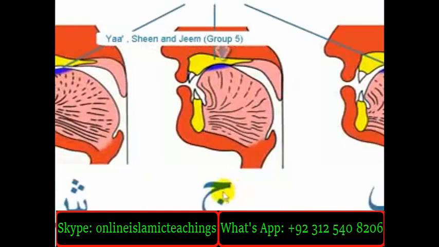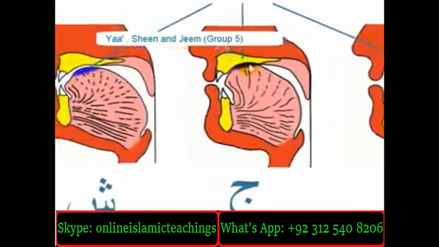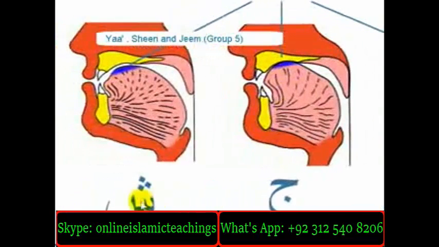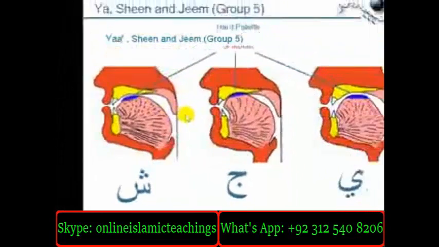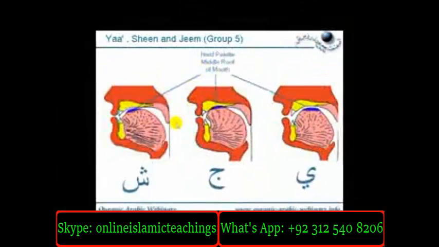We have the letter Jim, still towards the middle of the top of your mouth, but slightly more forward. And then we have Sheen, which goes just a little bit more forward, but we would still class that towards the middle of the top of the mouth on the hard palate. So that was group 5.